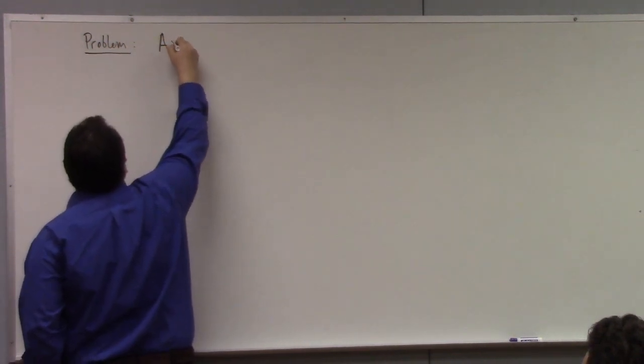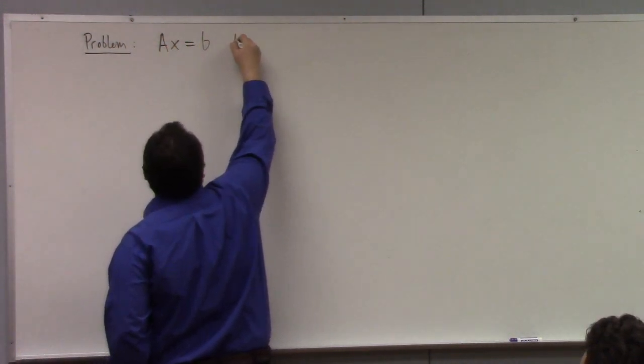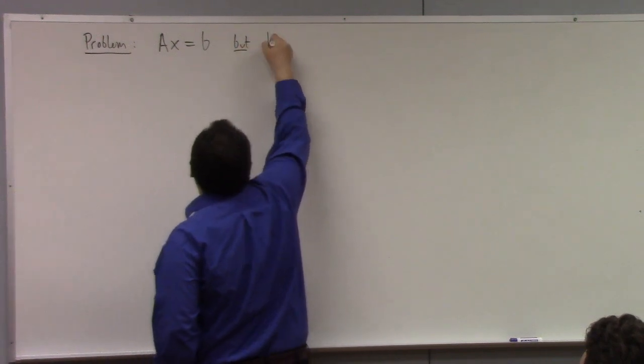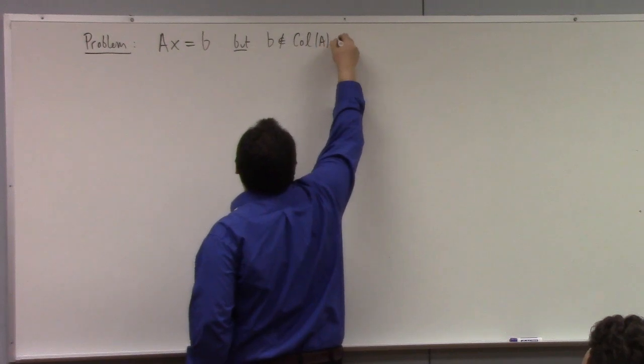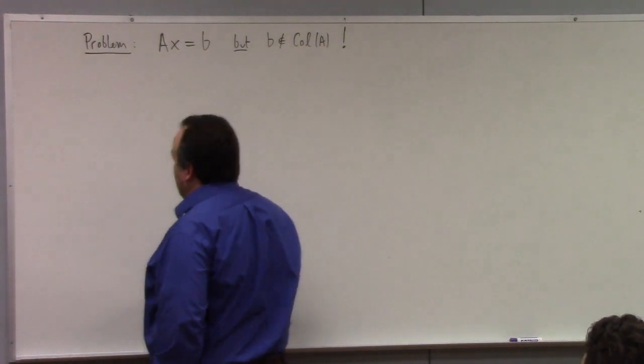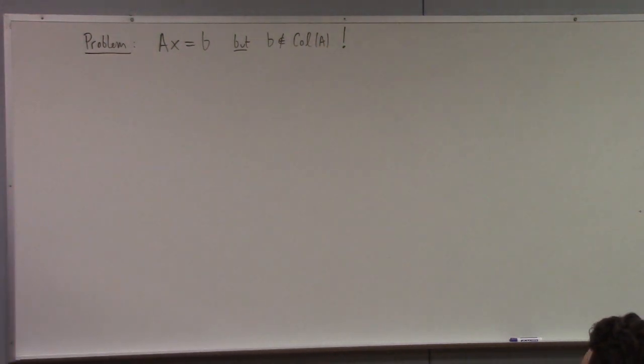You're given Ax equals b, but b is not an element of the column space of A. What does that mean? If b is not an element of the column space of A, what's that mean? That means that you cannot solve the equation. It's an inconsistent equation.